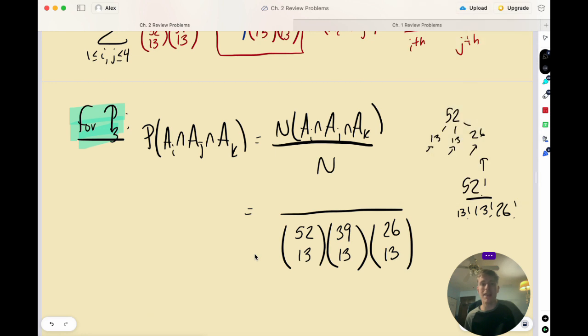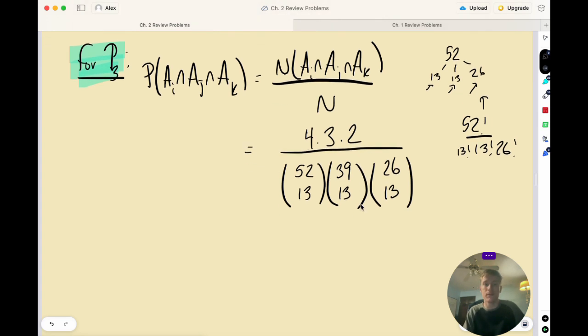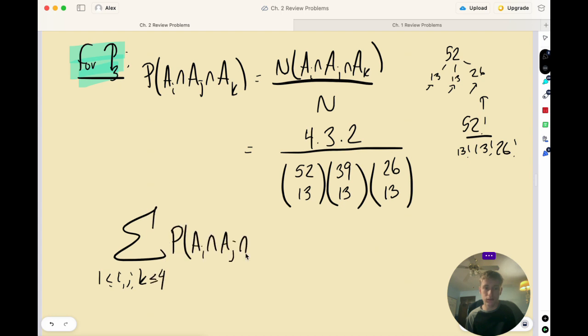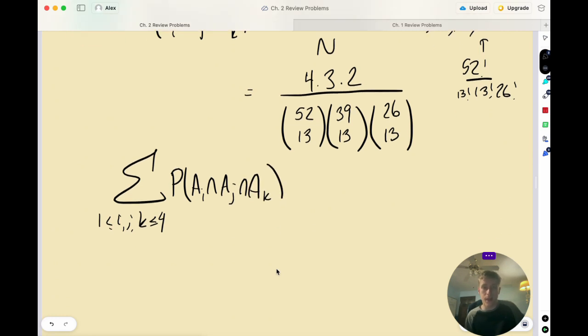But then how many ways can A_i, A_j, and A_k occur? Well, it's going to be 4 times 3 times 2. 4 suits for the first person, 3 suits for the second person, 2 for the third person, which means if you're now summing over i, j, and k being between 1 and 4, what is that going to be?